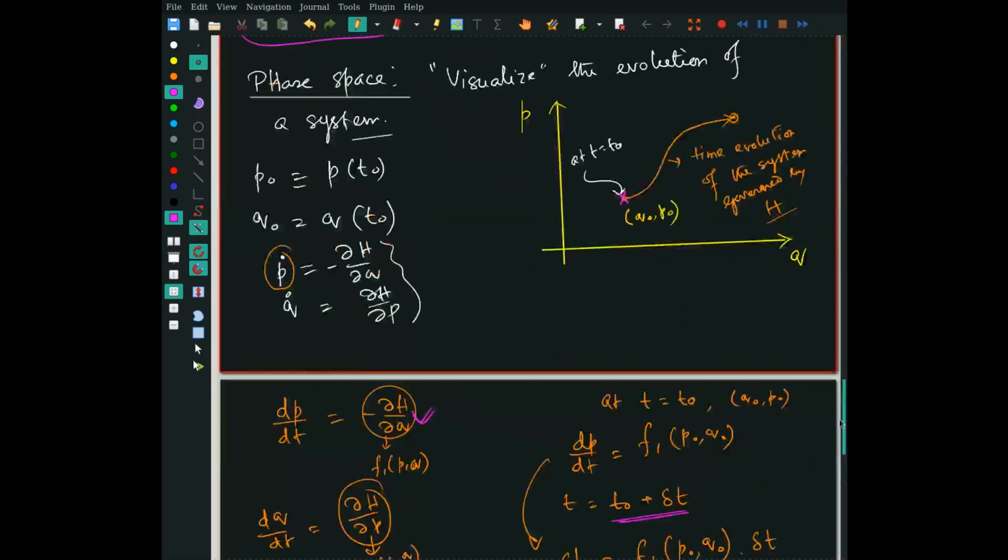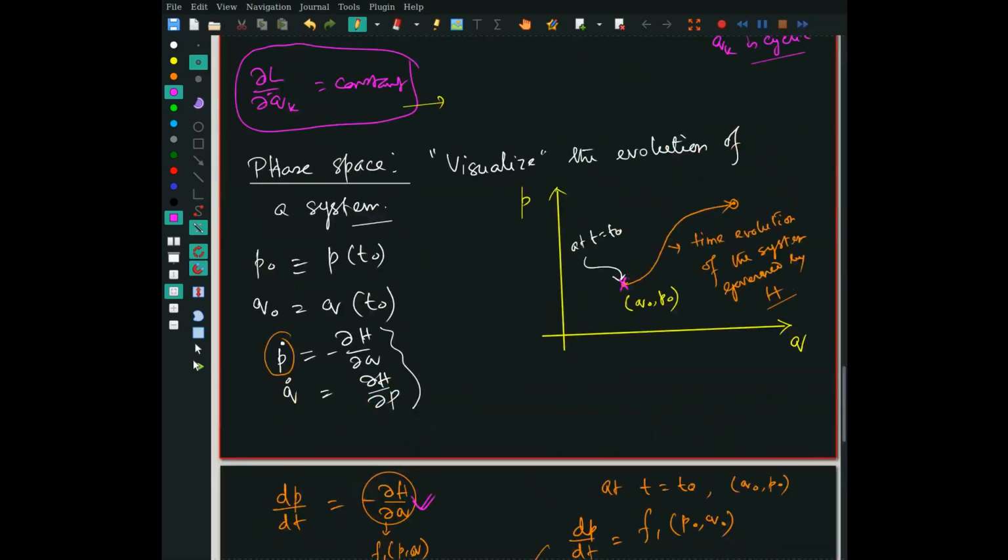Okay, so it tells you that from here it will move to, let's say, here. So this is my evolution in delta t. Now from here you can again play the same game and the particle will go to here, and then let's say here. So that's how I draw this evolutionary curve for this system.